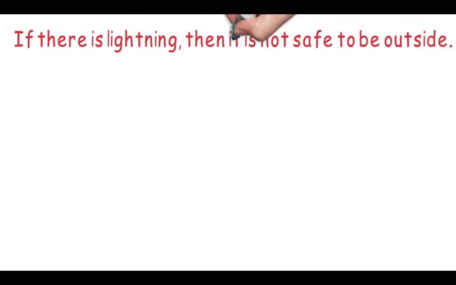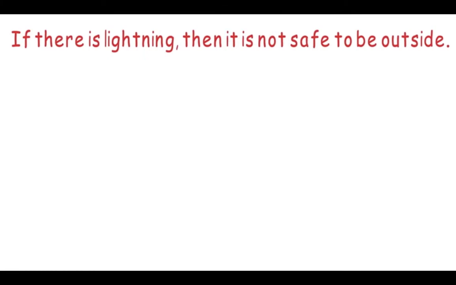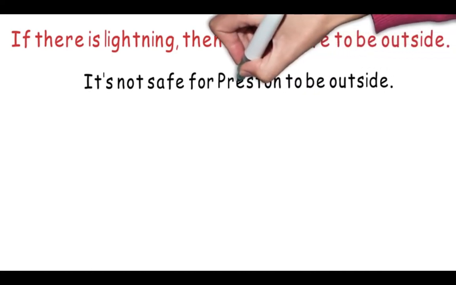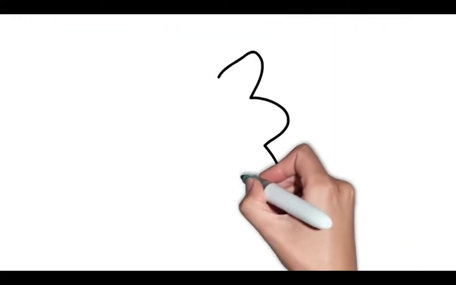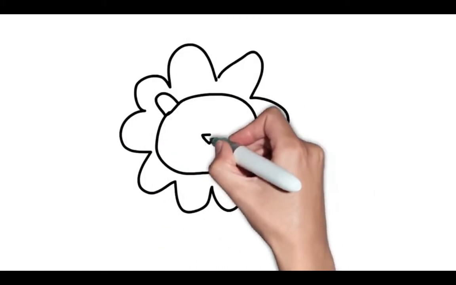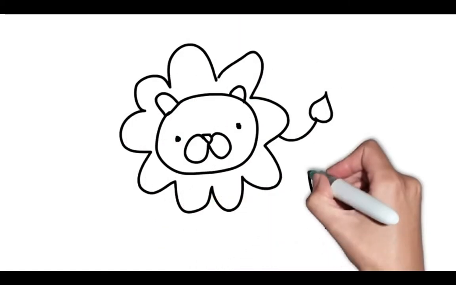Now, let's take a look at the same conditional statement. If there is lightning, then it is not safe to be outside. But this time, we're going to do a restatement of the conclusion rather than the hypothesis. It's not safe for Preston to be outside. Well, there could be a lot of reasons why it's not safe for Preston to be outside. What if there are lions roaming around?